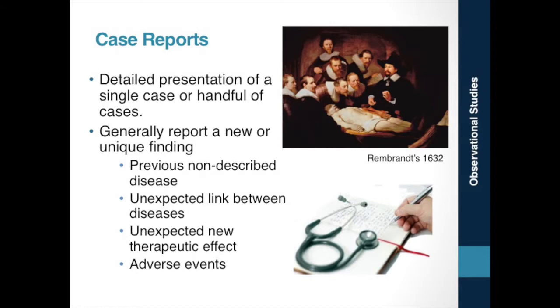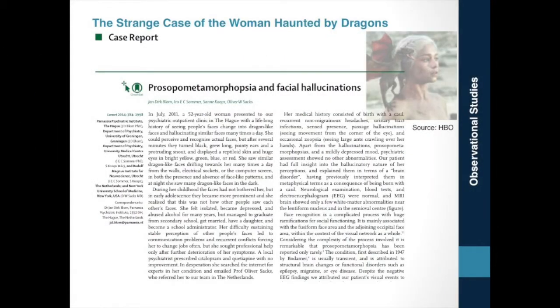Case reports are in many ways sentinel events which can lead to testable hypotheses later. You might have heard about Dr. Oliver Sacks. He was a famous neurologist who died last year and who explained neurology in a way that captivated a wide audience of scientists and non-scientists by focusing on individual case reports.